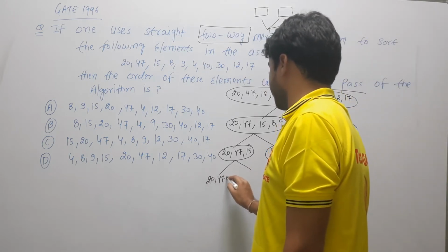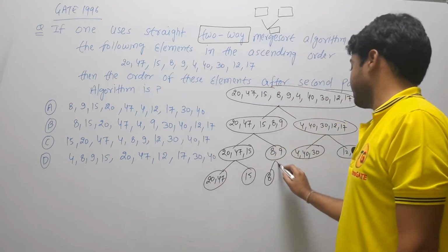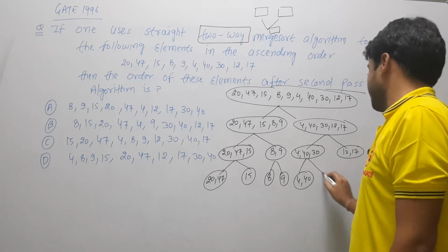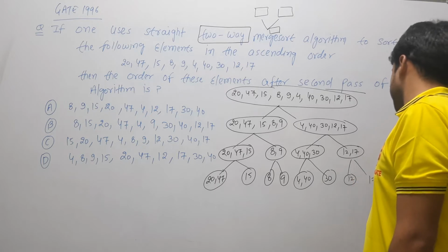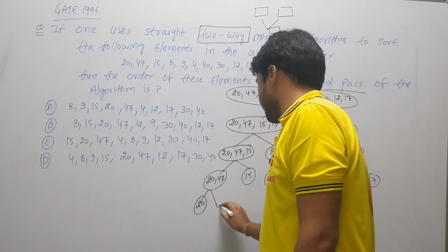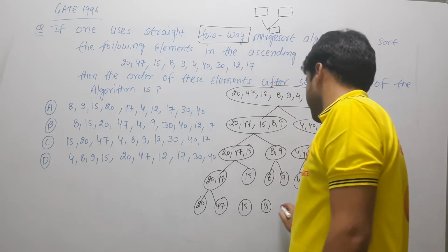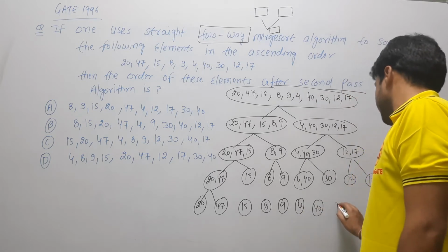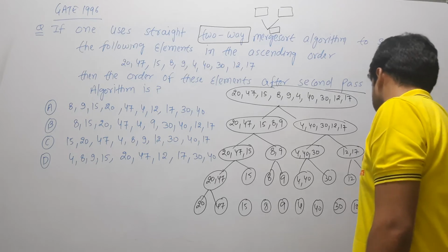Then 20, 47 here. 15, 8, 9, 4, 40 here. 30 here, 12 here and 17 here. Okay, then here 20, 47, 15, 8, 9, 4, 40, 30, 12 and 17.